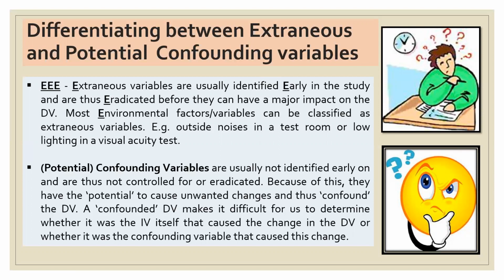Does that make sense? We've also got other potential confounding variables like order effects. Order effects are something we see mainly in repeated measures design studies. We've also got things like non-standardized instructions and procedures. So let's say Miss B and I were running the experiment, and I was giving a set of instructions to you guys and she was giving a set of instructions to her class.